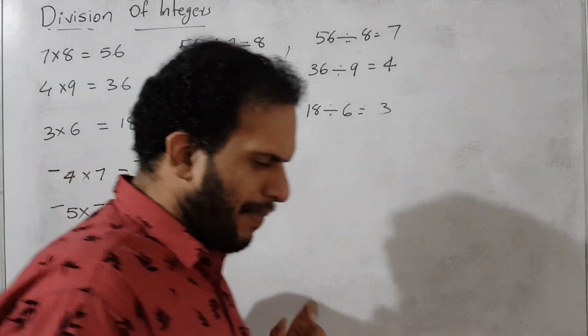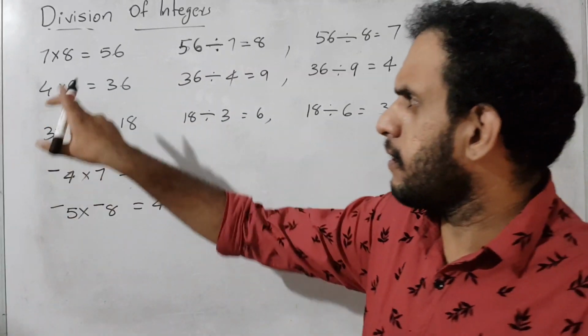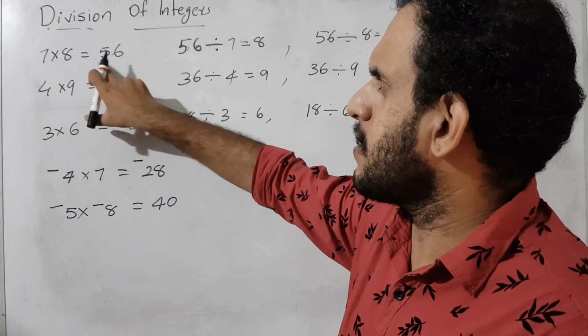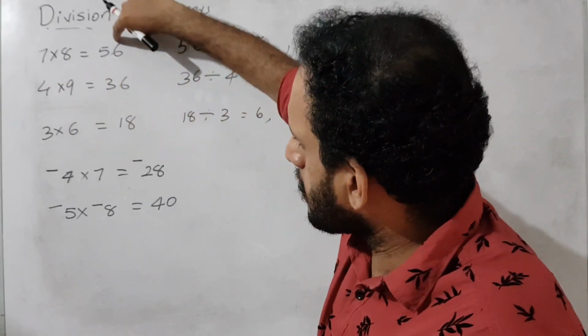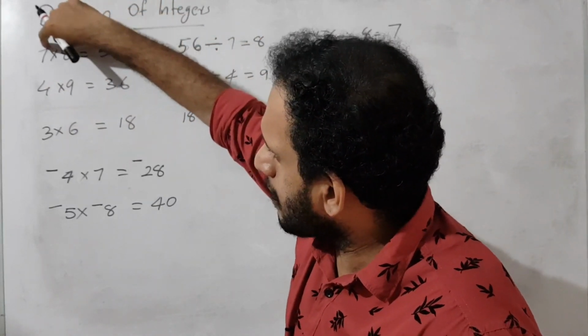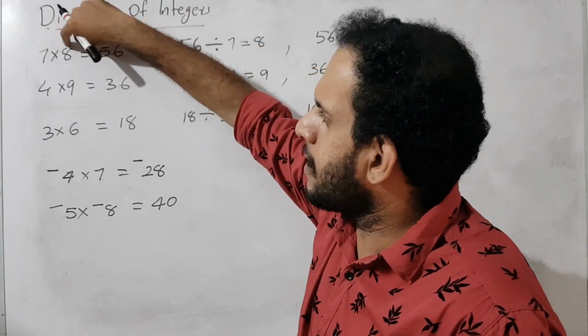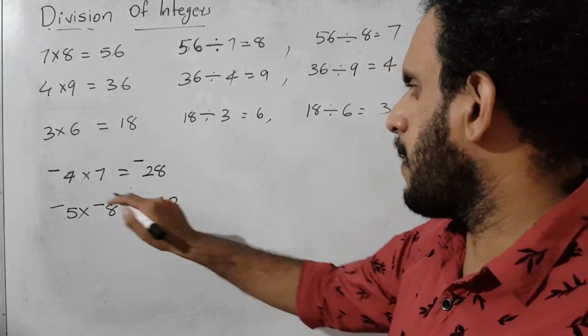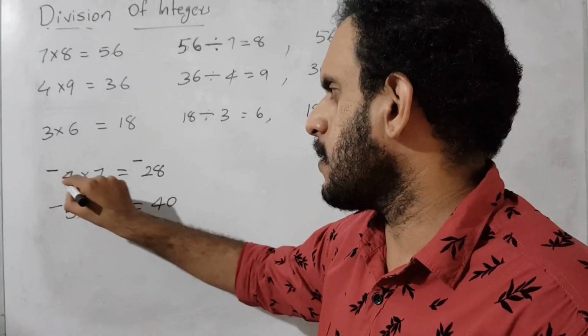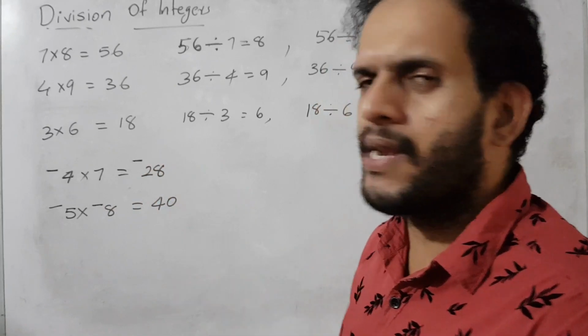So with the same idea, we wrote it here. 7 into 8 is equal to 56. 56 divided by 8 is 7, correct? And 56 divided by 7 is 8. The same idea, we do it like this. Minus 4 into 7 is equal to minus 28.